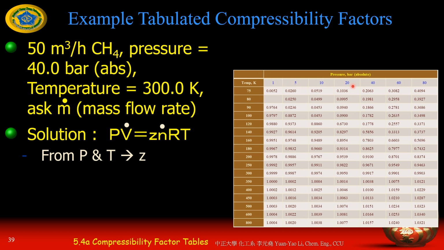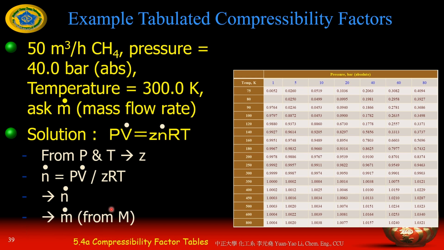You get a pressure, you get a temperature, you can find out the value of Z here, and put the value of Z into this equation, then you can get n dot, which is the molar flow rate. Then you have the molecular weight of methane, so you can get the mass flow rate, right?